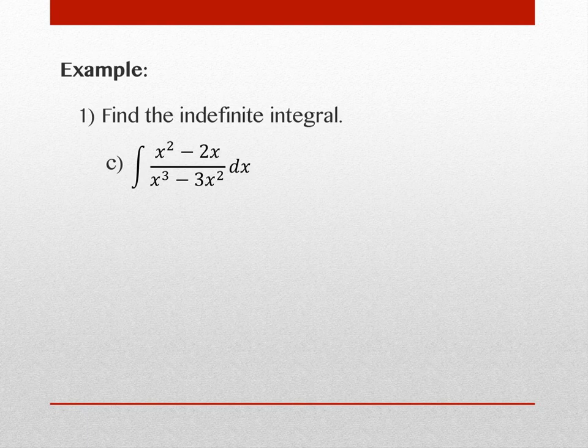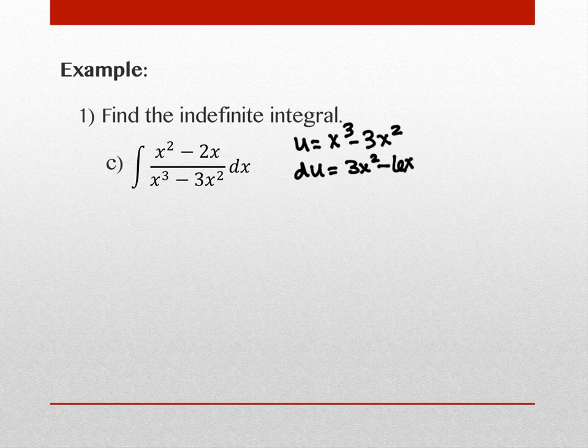So the denominator is going to be my u. That's x cubed minus 3x squared. What then is the derivative of x cubed minus 3x squared? 3x squared minus 6x dx, right? Okay, now in this problem, I can replace this u on the bottom. I don't have just a 1 on top, like I had over here.